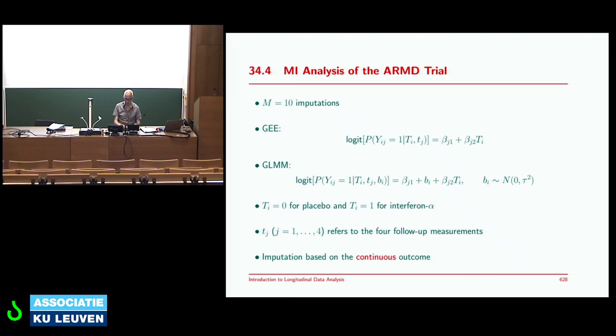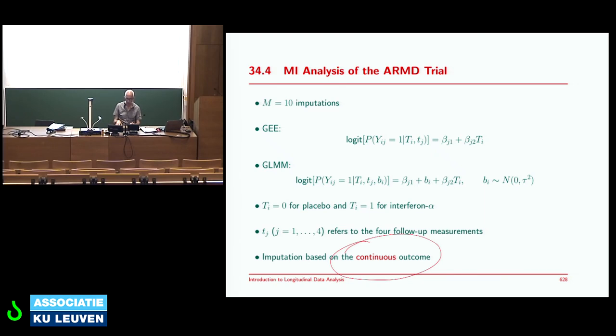There is another important advantage of multiple imputation, and that is you can do the imputation on another variable than you're finally using for analysis. In the ARMD data, remember, we have age-related macular degeneration assessed through visual acuity, which is 72 letters, which is continuous, quasi-continuous. Even if we want to analyze the binary outcome, we can do the imputation first on the continuous variable.